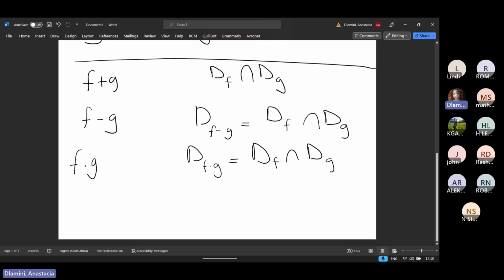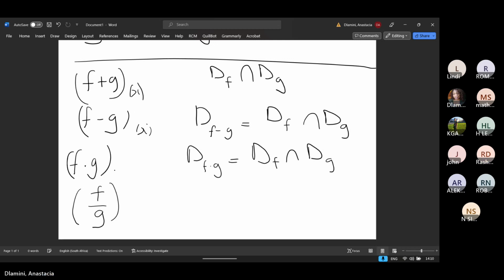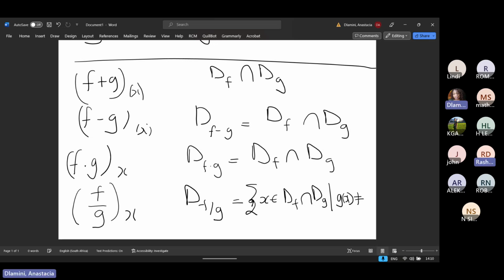Now, if we have f over g, that's what we had last time. Then the domain of f over g is equal to the set where x is an element of the intersection of the domain of f and g, such that g of x is not equal to 0.